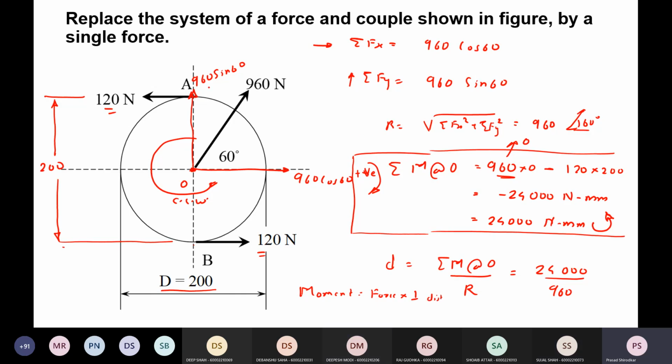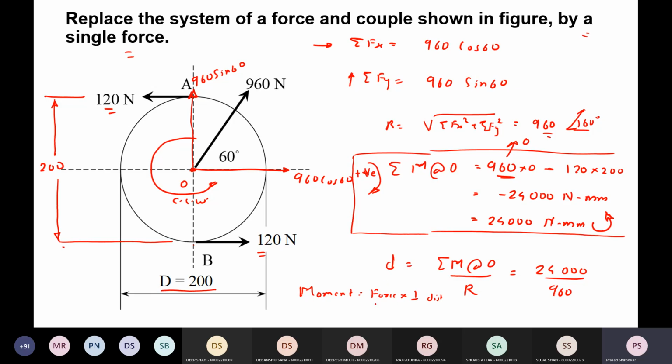Yes, sir. Here we have to replace the force couple system by a single force. So just finding the magnitude of force is not enough; we have to place this force in this coordinate system at such a location that it will cause a moment of 24,000 Newton mm in the counterclockwise direction.